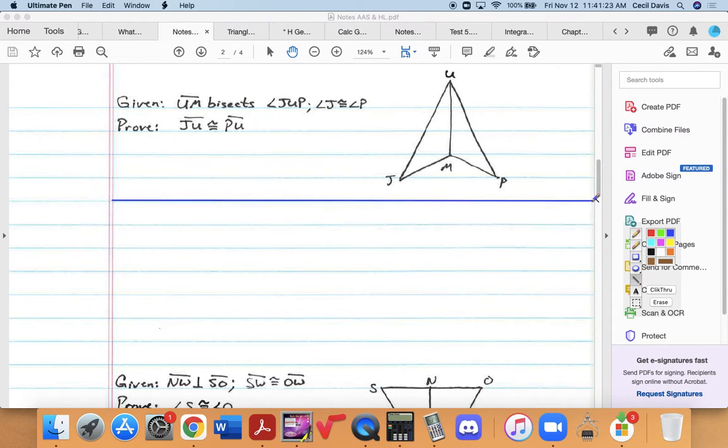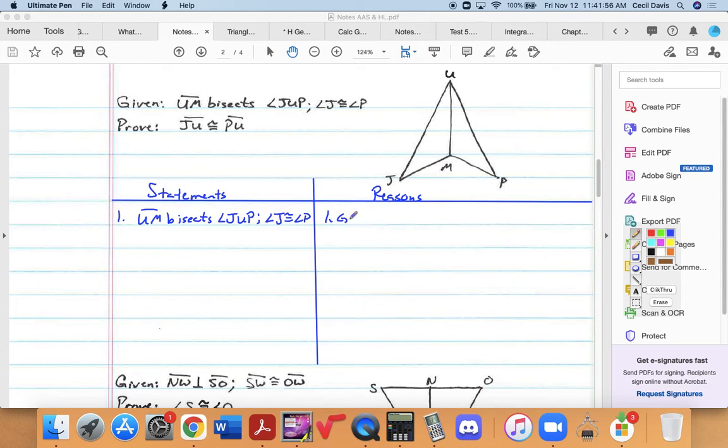I'll do this one as a 2-column proof. So we've got UM bisects angle JUP, and that angle J is congruent to angle P. So I'll take a suggestion as to what we could or should do next.